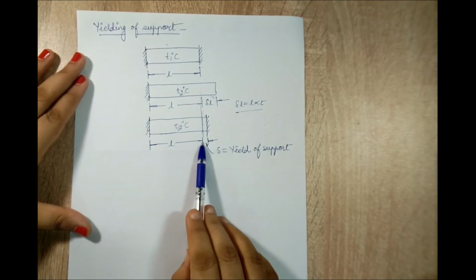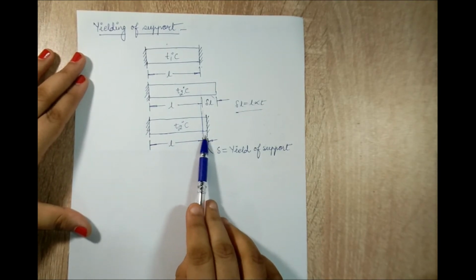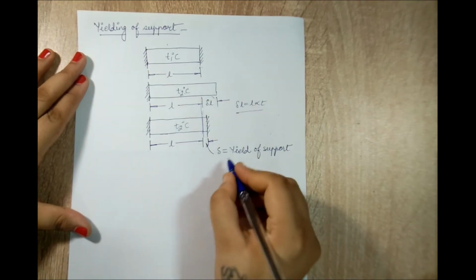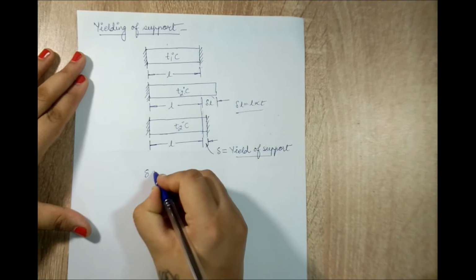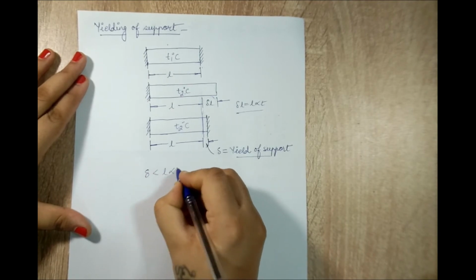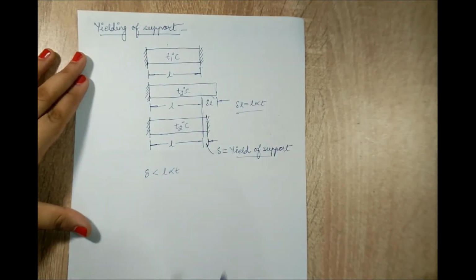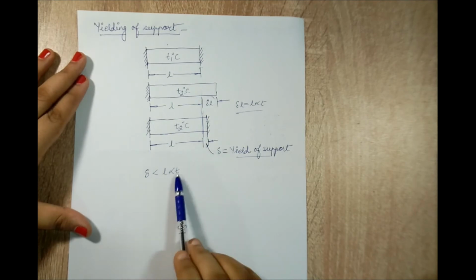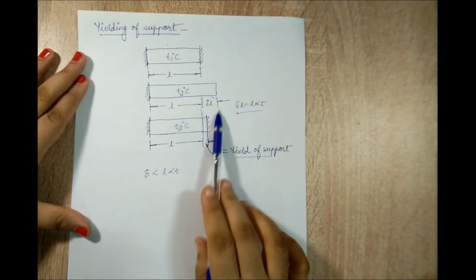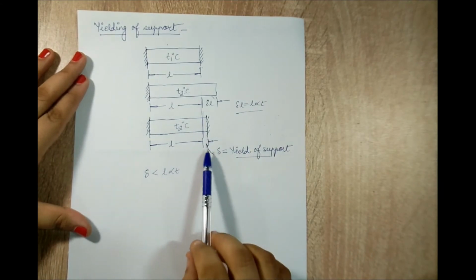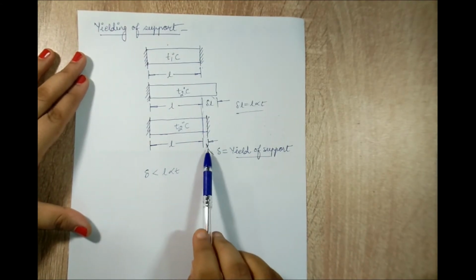So what happens over here is a little increase in length, but this value delta, which is because of yield of support, will be less than L alpha T, which means this delta will never be equal to the amount of expansion which would have happened had it been a free expansion, because that much yield is not possible.